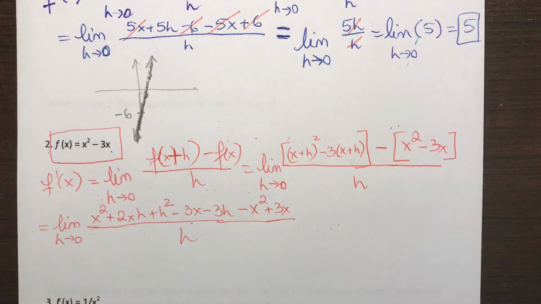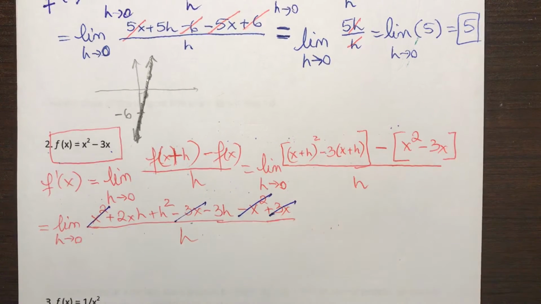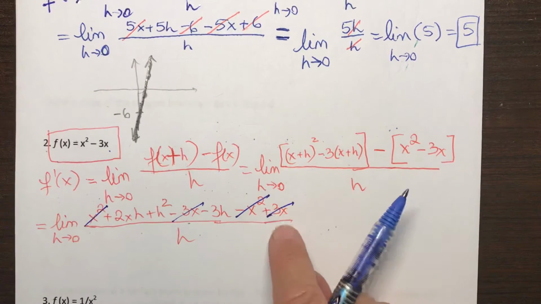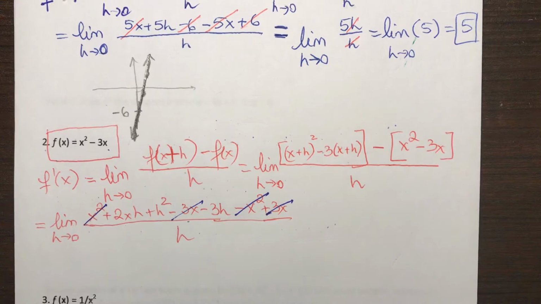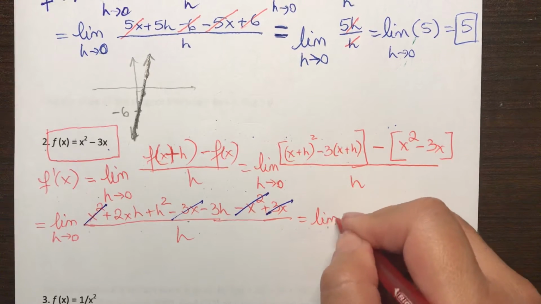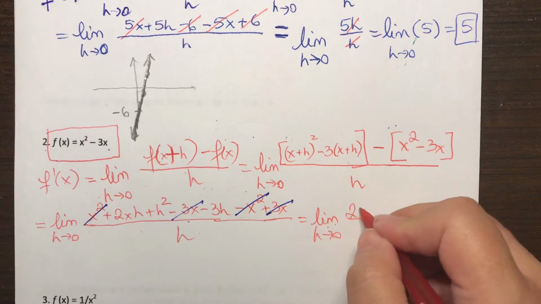So now let's see. Can we reduce anything? X squared minus x squared, gone. Negative 3x plus 3x, gone. If you didn't distribute the minus sign, these would not go away and you'd be running into trouble. Okay. So this is the limit as h approaches 0 of what am I left with?